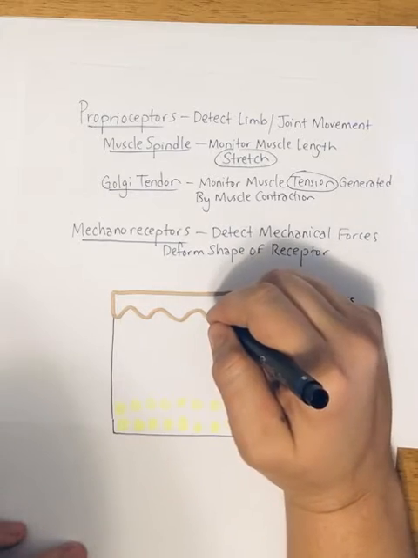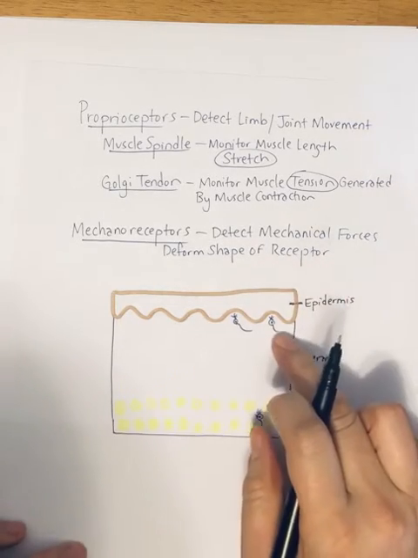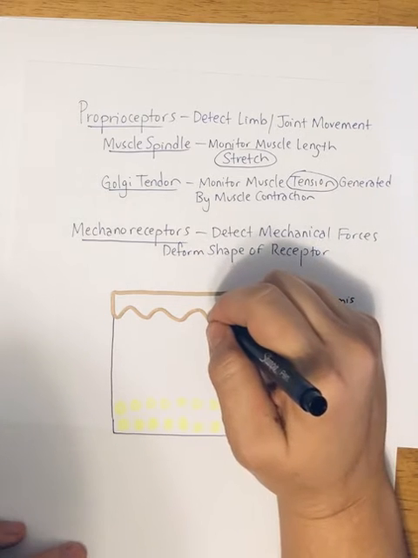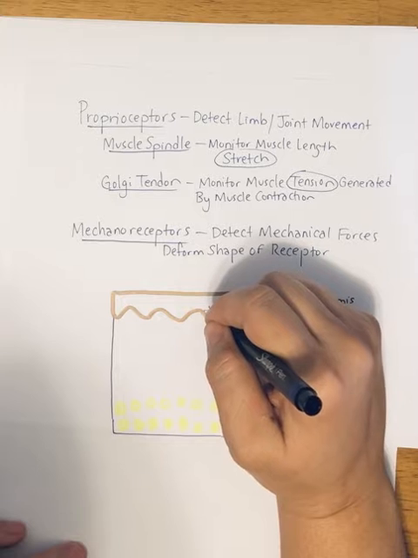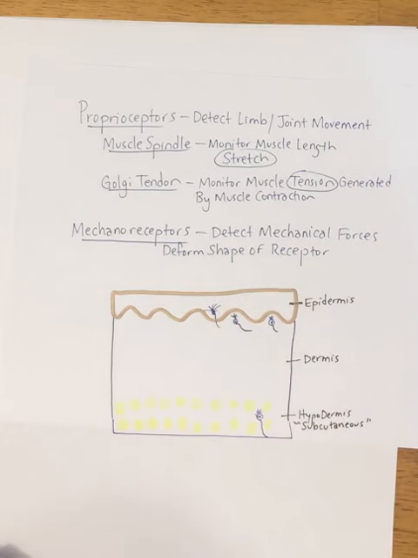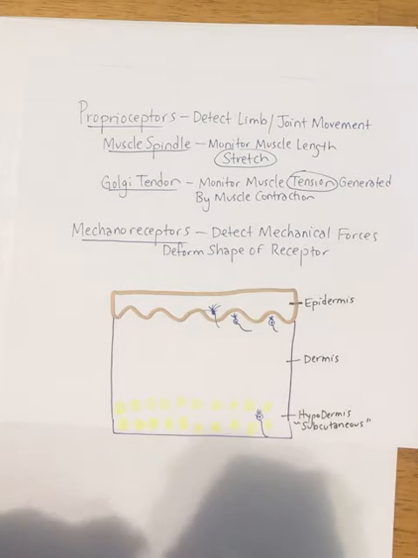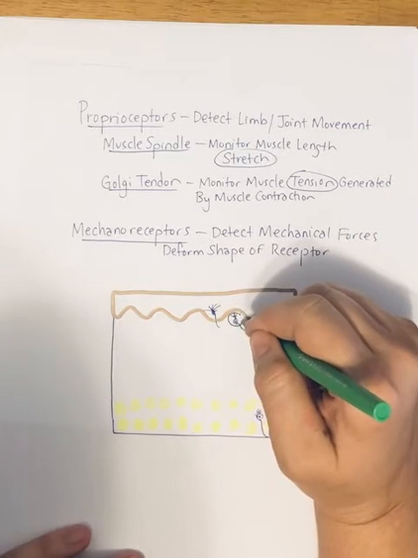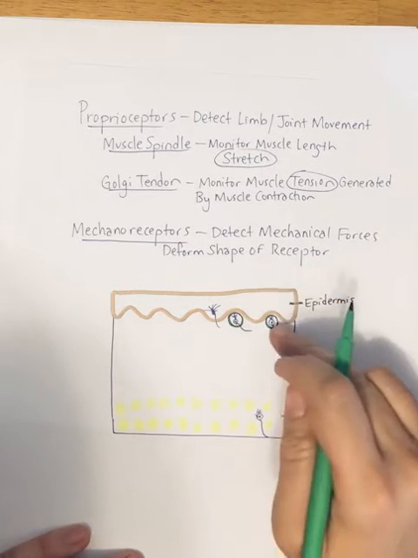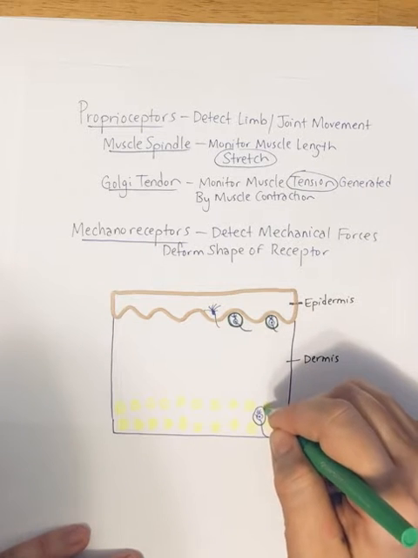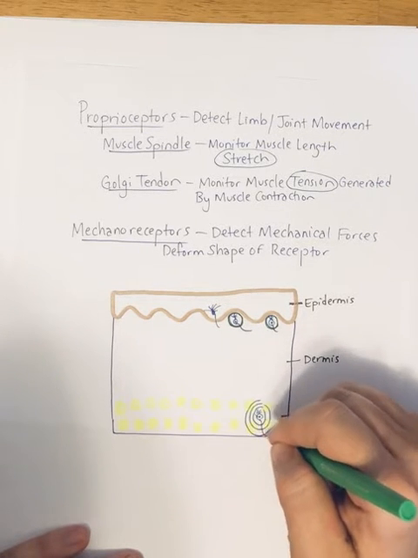Now we're also going to have some that are within the epidermis. So we have one underneath the epidermis. All three of these are going to be encapsulated. So encapsulated means that it's got a capsule around it. So we're going to have some right here, which is underneath the epidermis. And then you're going to have one at the bottom that's got several layers of capsules.